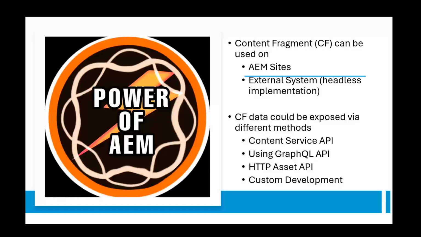In case you want to limit the content based on certain parameters on your request or different factors that you want to include, that is also possible, but via the custom development method, where you can take a decision that if a request is coming to get the data from a particular fragment, then which elements of that fragment we want to expose to the external system.